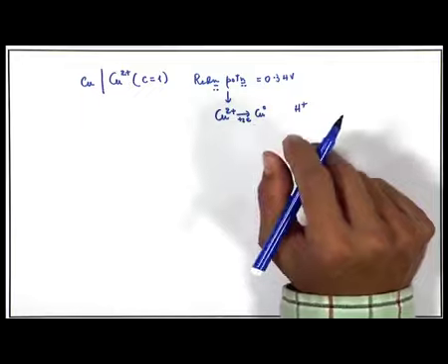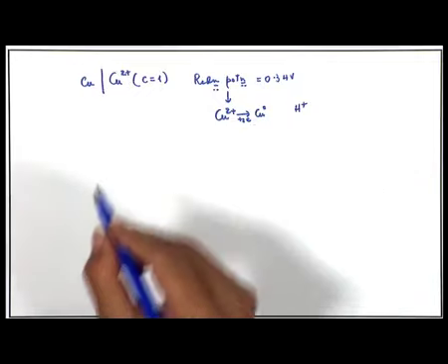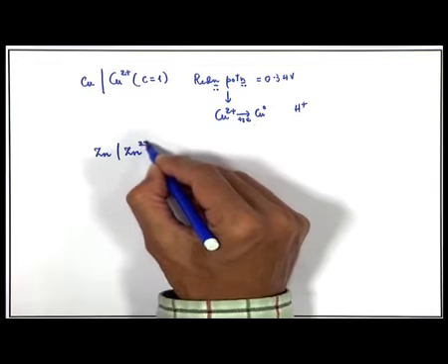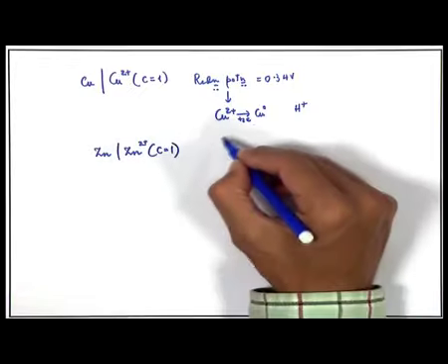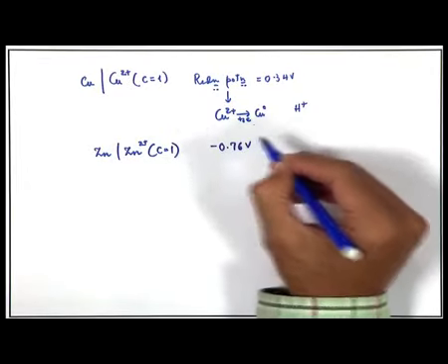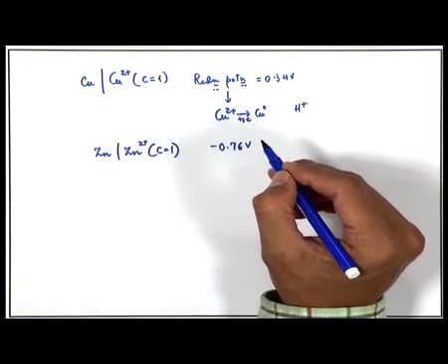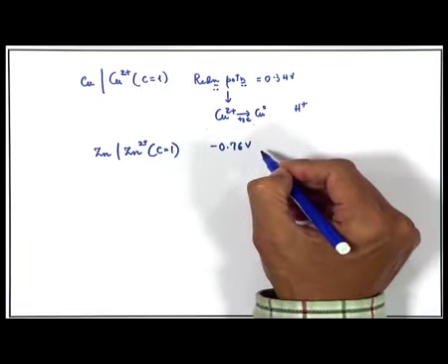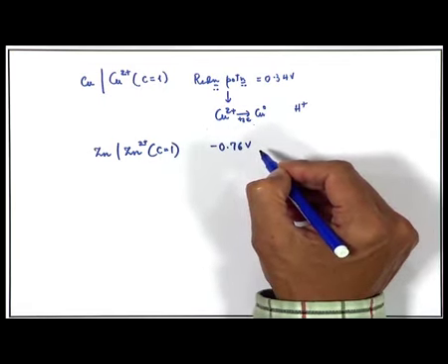Now, in the other case, the negative reduction potential for the zinc system, Zn2+ with C equal to 1, is minus 0.76 volt. It indicates that H+ ion can oxidize zinc to zinc 2+, or zinc can reduce H+ to H2.